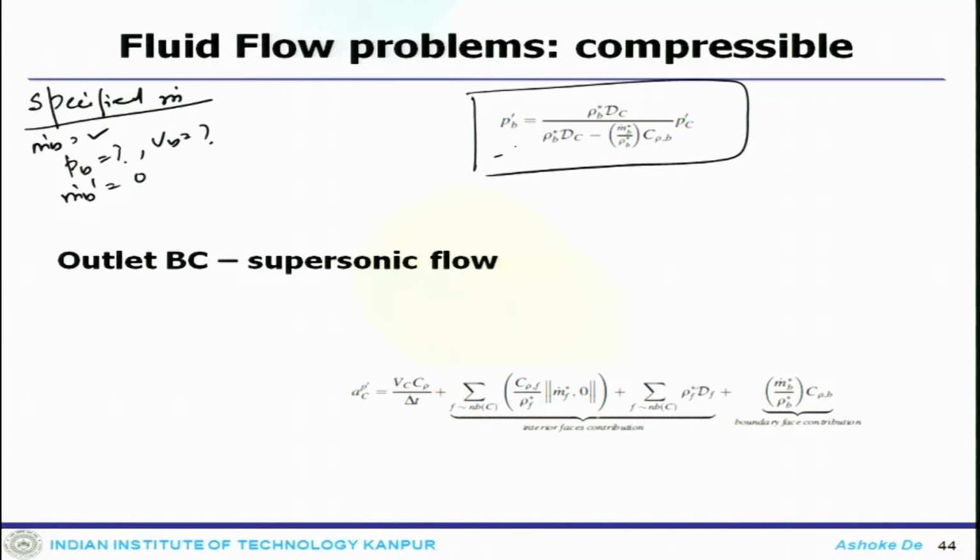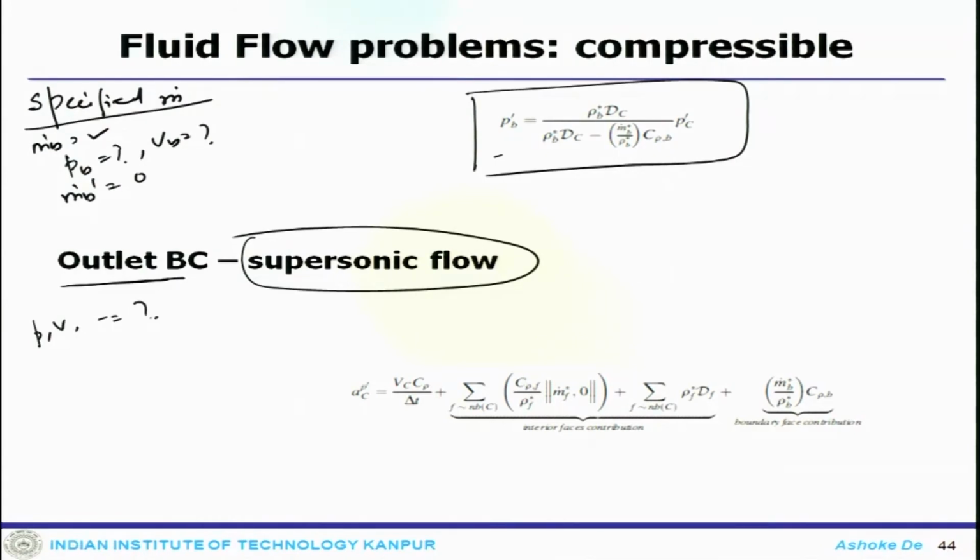And the last one which I would like to touch is the outlet boundary conditions, which could be of the supersonic type. In that case, none of the variables should be specified. So, P, V, density, temperature are not known, and they should be extrapolated from the interior values.